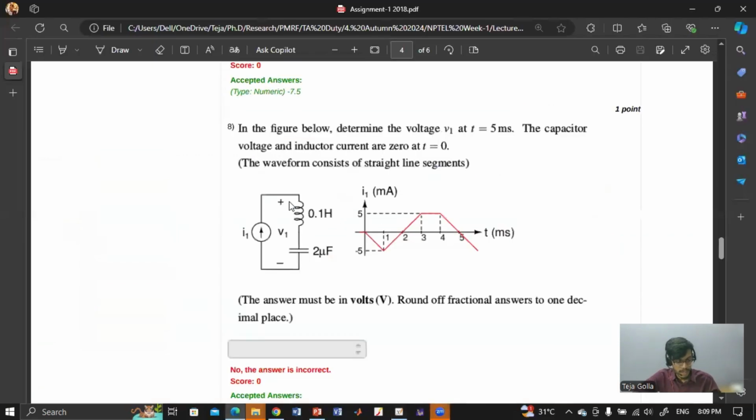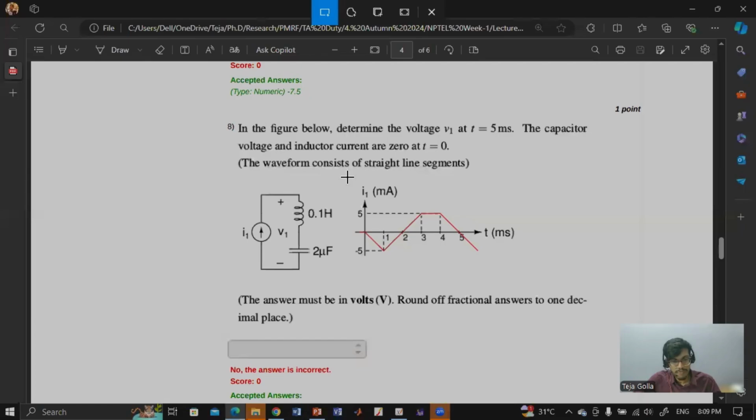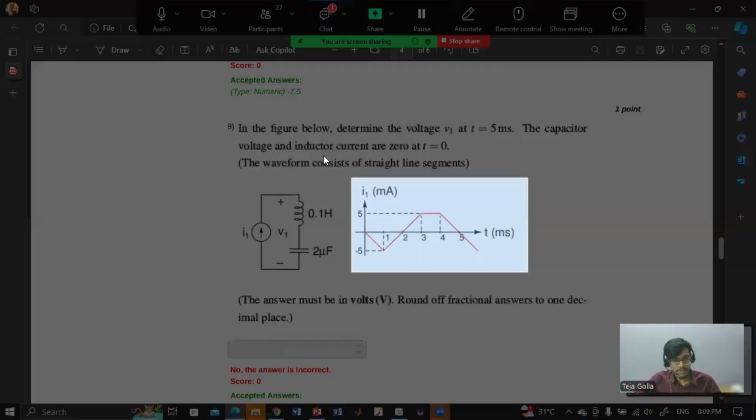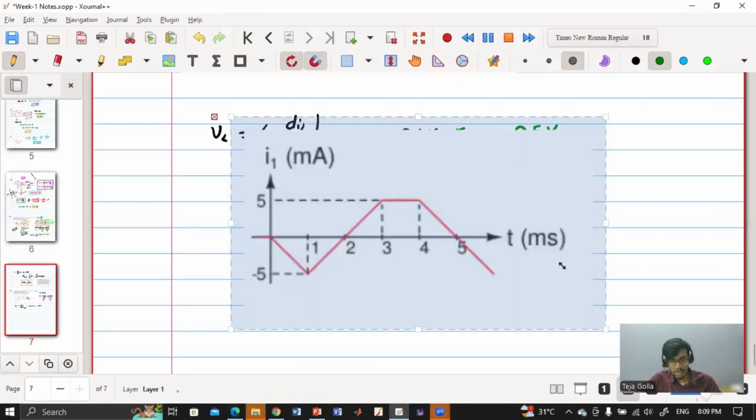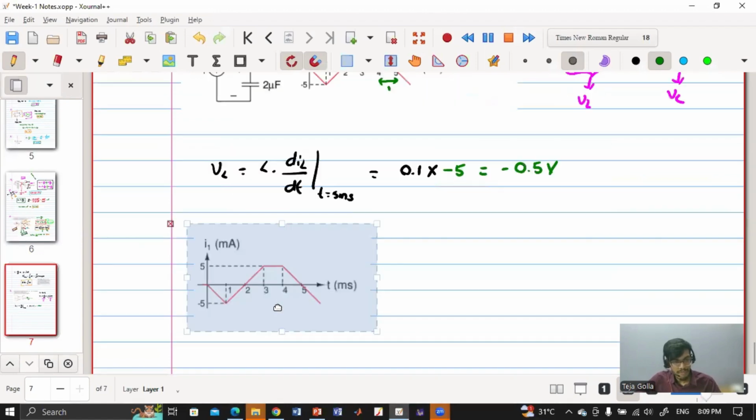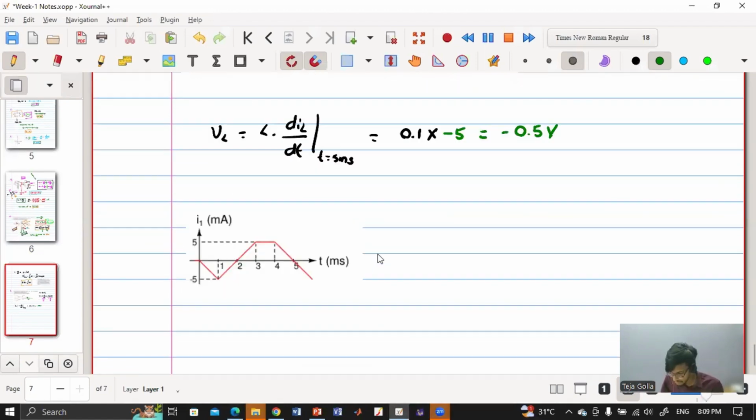Now let us go back and take the picture of this. Now we are going to calculate VC. VC is nothing but 1 by C integral I dt, and the time is until 5. So again we have to do the area under the curve. Again I'll check which areas will get cancelled.